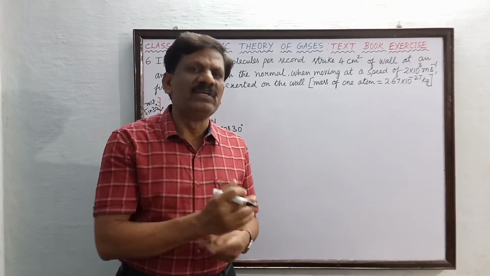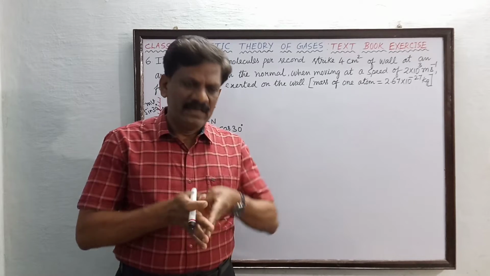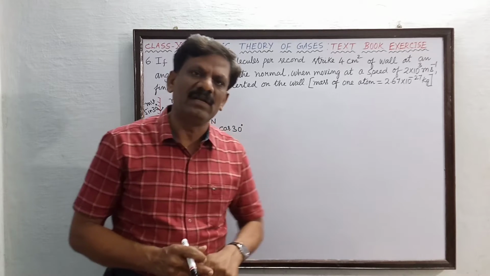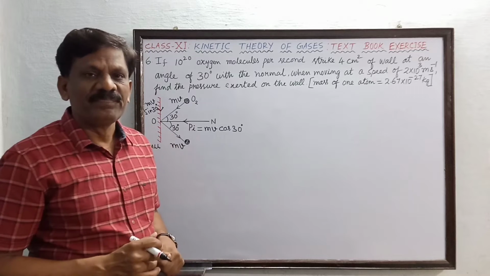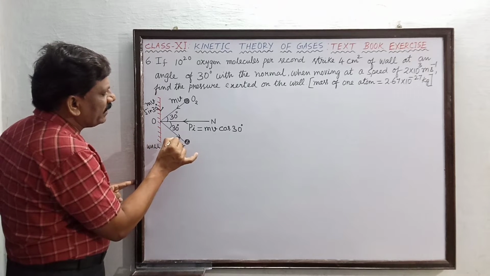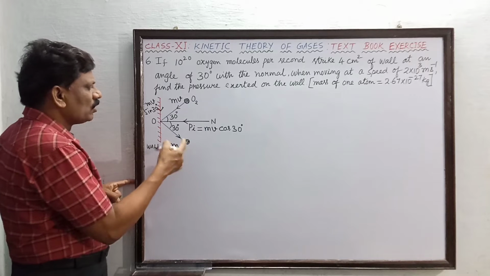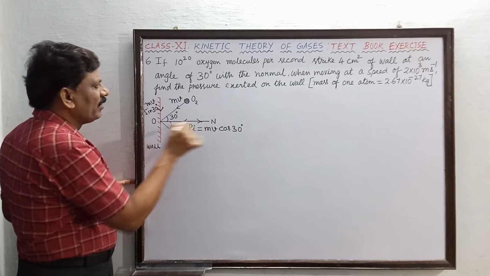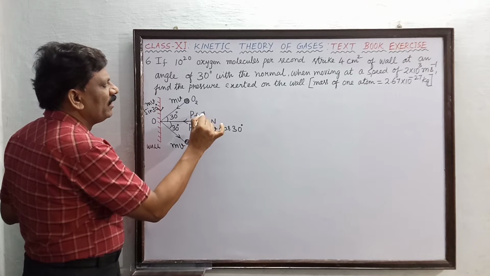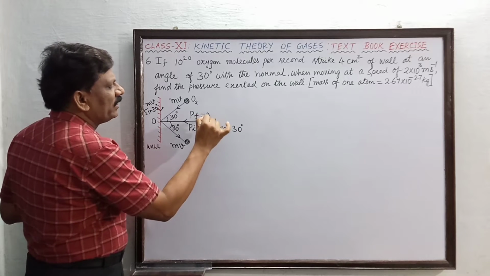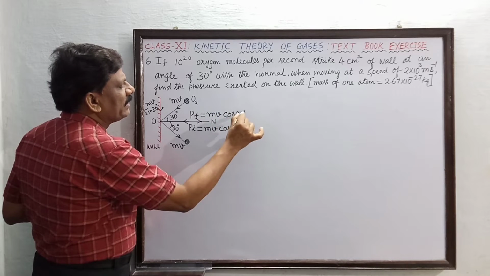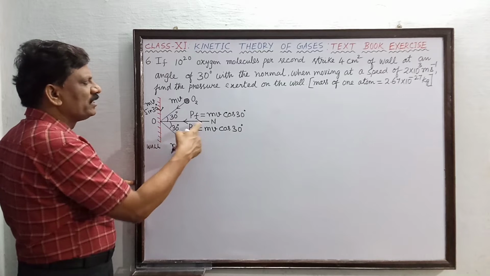Now after collision on the wall, once again it is coming out with the same momentum at the same angle 30 degree with the normal. That also is now resolved into two components. After collision, one component will be from O to N. So that is P final. P final along the normal is once again mv into cos of theta, but the direction is opposite to this.